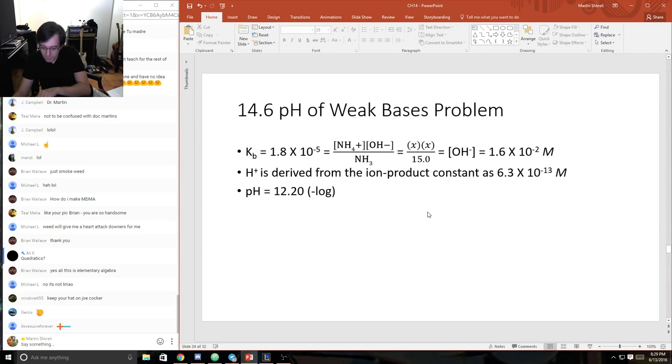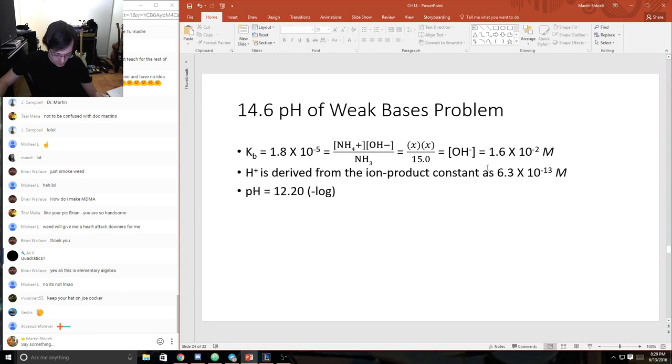All right, and for reference, this was all done on pages 676 and 677. And what's interesting on getting these values for the H plus is we use the Kw, the ion product constant.